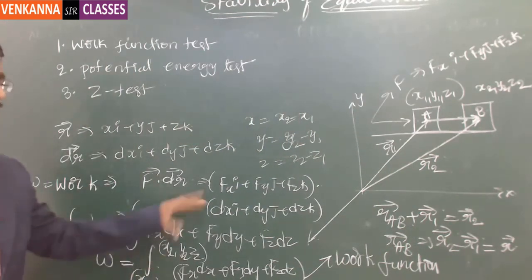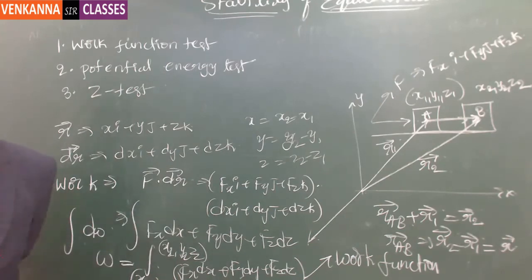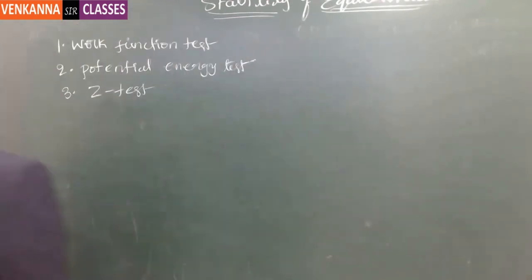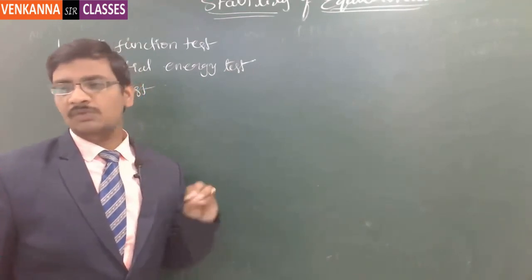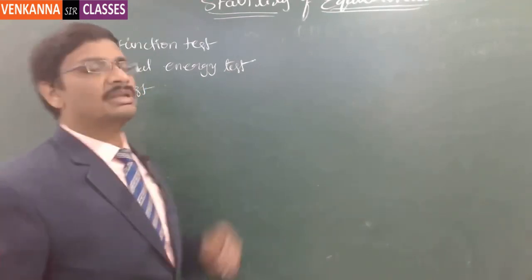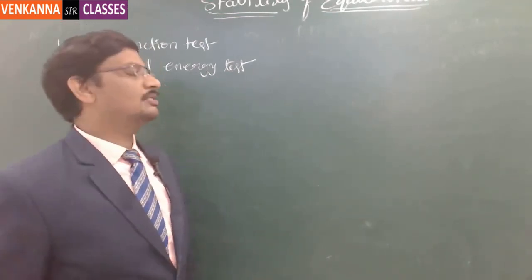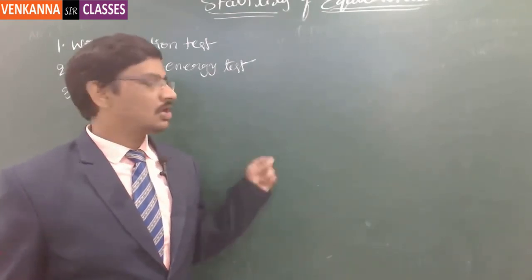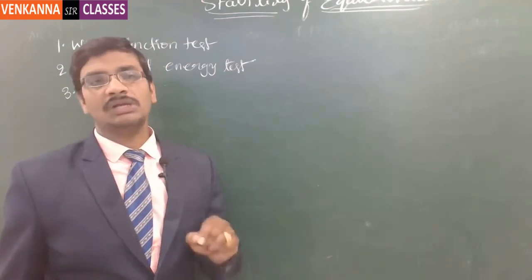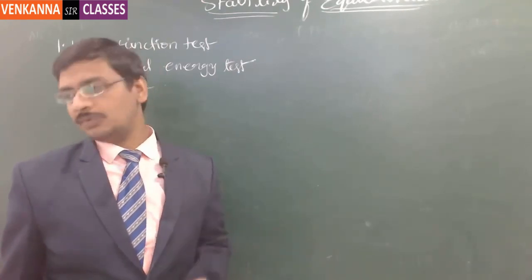Now I will go a little deeper into this work function. Work function is nothing but actually the work done. So the mathematical view of the work done calculation is the work function. Whenever there is a positive displacement contributed by a force, then positive work is done by the force.